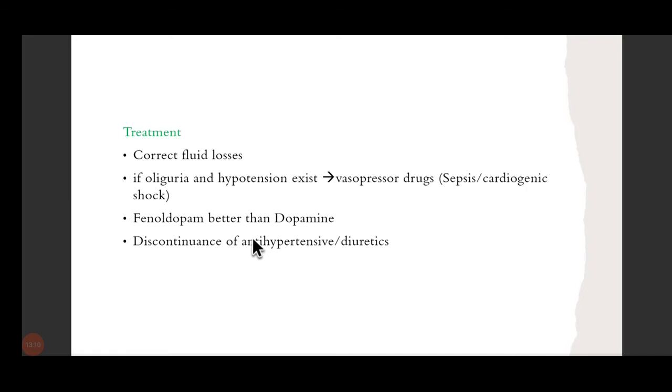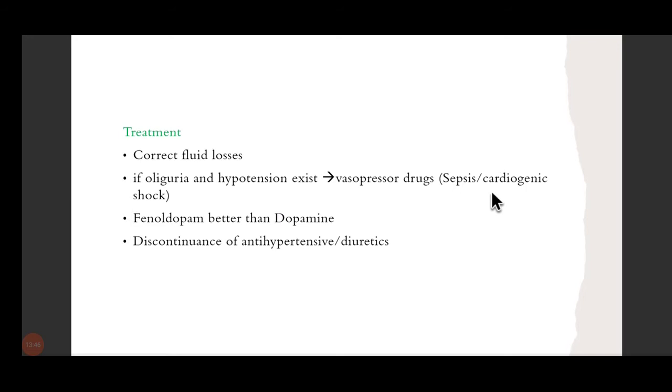So as I mentioned earlier in the previous slide, you correct the fluid losses if the patient has oliguria and hypotension exists. You give IV fluids, and despite IV fluids, if you measure the central venous pressure and you still have a high central venous pressure, that means the body is well hydrated, and it is an indication to start vasopressor drugs, especially which are indicated in cases of sepsis and cardiogenic shock.